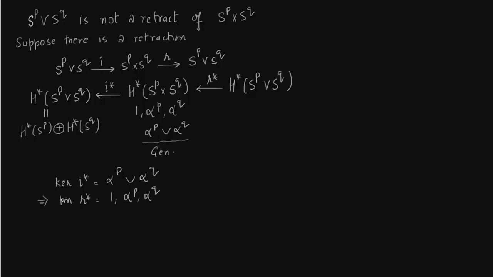Again, the image of R star is nothing but the elements in H star SP times SQ which are not in the kernel of I star. Since the kernel of I star contains alpha P cup alpha Q, the rest of the elements are in the image of R star. But this shows that the image of R star is no longer a ring, because you take two elements alpha P and alpha Q, their cup product is not in the image of R star, and that is a contradiction.